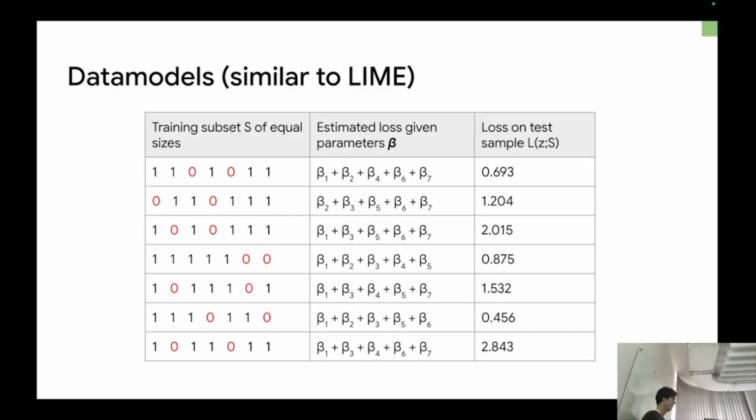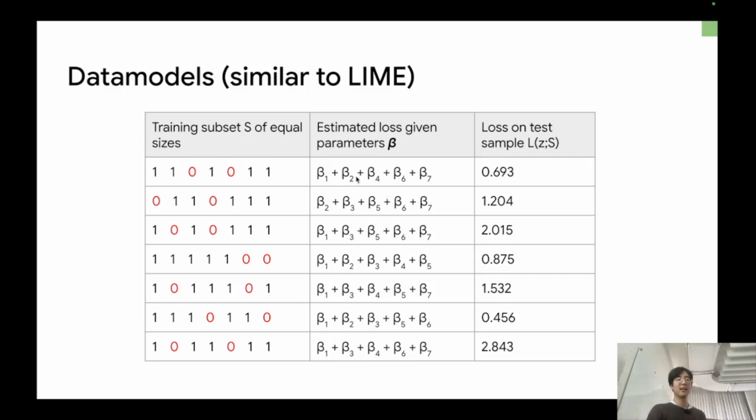So what you can do actually is to find values of beta. For computing the values of beta, what you have to do is you come up with a few examples of S, yeah, and actually do retraining for these S, okay?